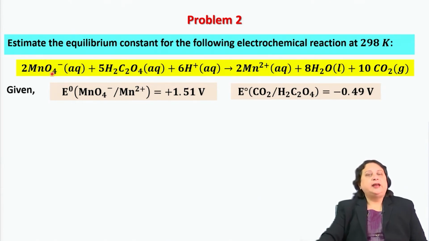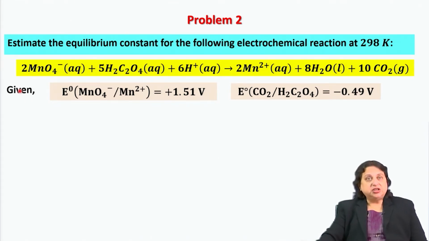I have an aqueous solution of permanganate, which is interacting with an aqueous solution of oxalic acid in the presence of acidic medium, converting the permanganate ion to Mn2 plus aqueous and producing water and releasing carbon dioxide gas. So, this is the balanced chemical equation, and here I want to know the equilibrium constant if this reaction is carried out in an electrochemical cell.